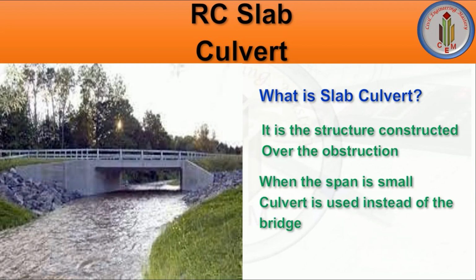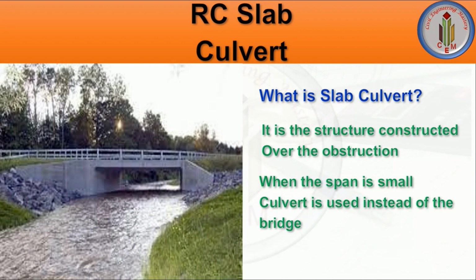When the span is small, a culvert is used instead of a bridge. We might have seen bridges over the road, but those are used for long distances. If the span is small, we need to use a culvert. As you can see in this image, if the span is small, we prefer the word culvert, and if the span is more, we use the word bridge.